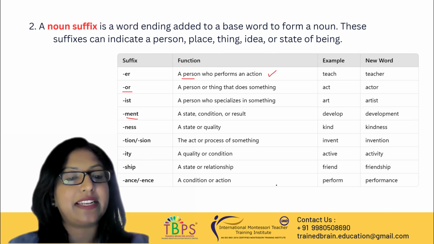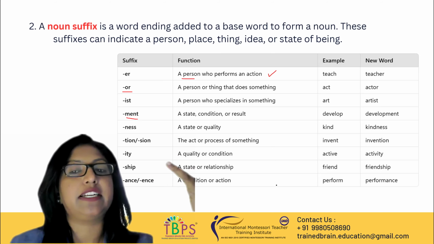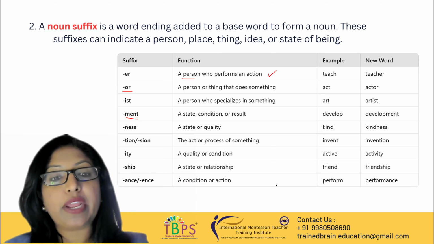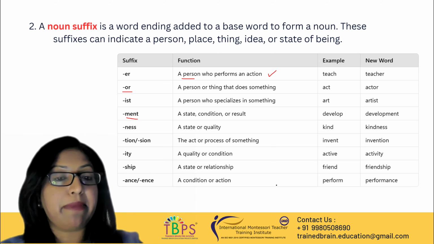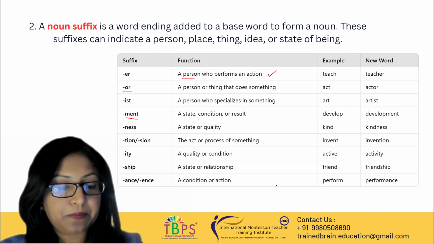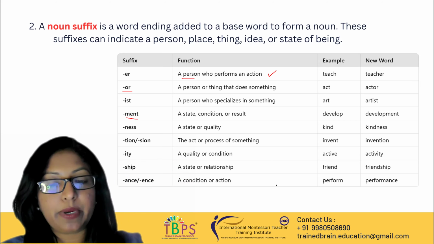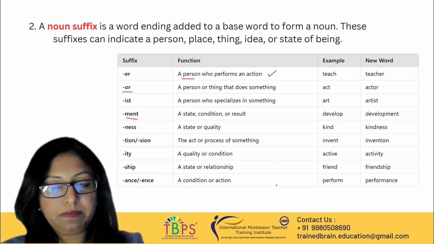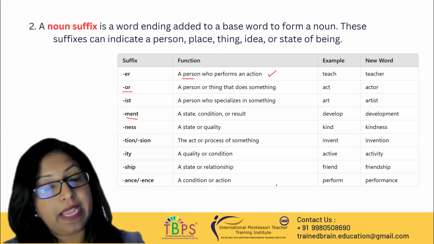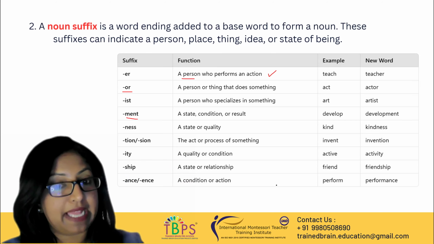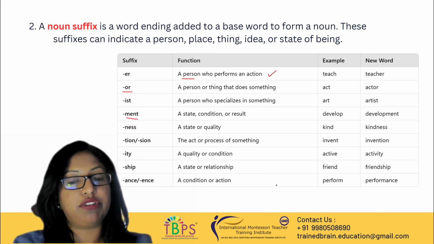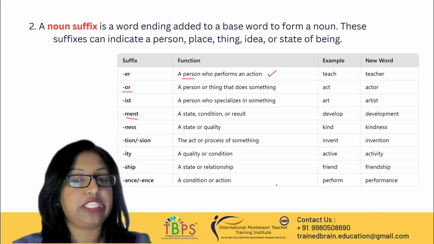Ment is the state, the condition, the result of what is actually happening. Do we have any other ment words? Statement. Yeah, pay, payment, state, statement. See, it is all related to the condition or the result.